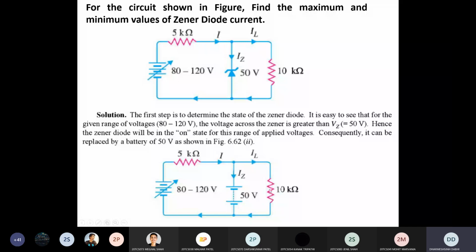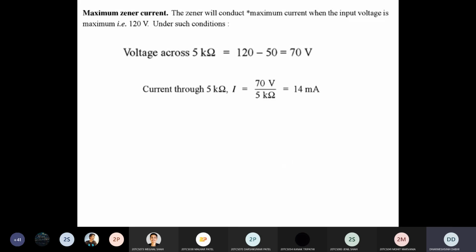So the voltage across this 10 kilo ohm load is also 50 volt. So the current flowing into this 10 kilo ohm is 50 volt divided by 10 kilo ohm, which gives 5 milliampere.